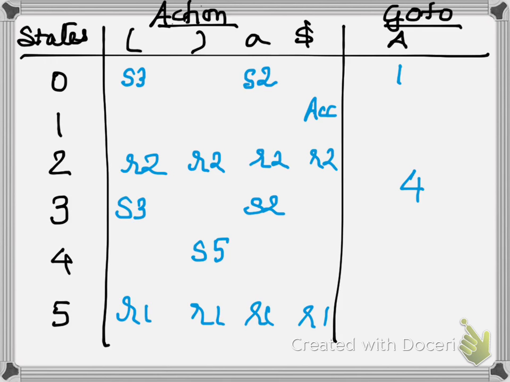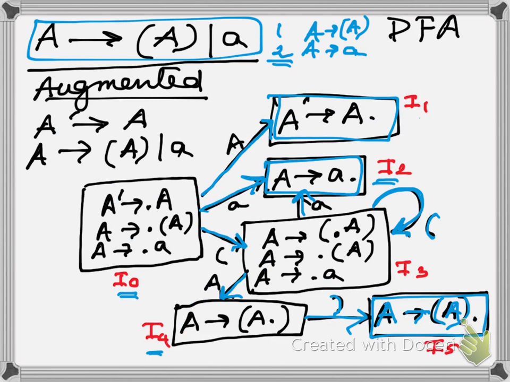So a quick recap or summary for constructing the table: have one row for each state in your DFA, one column for each terminal and dollar in the action part, and one column for each non-terminal in the go-to part. Then follow the transitions from the states, and if a transition is labeled by a non-terminal, put it in the go-to section.